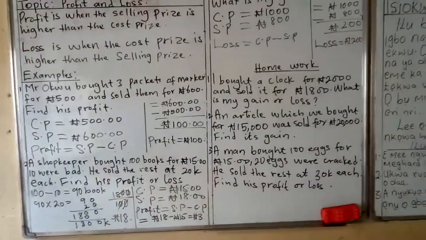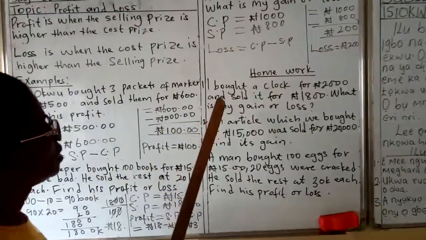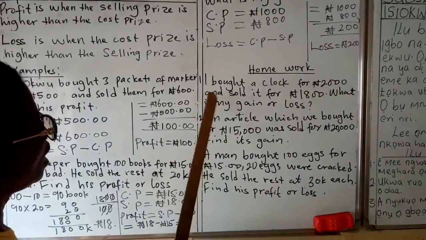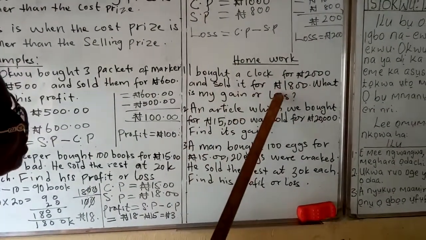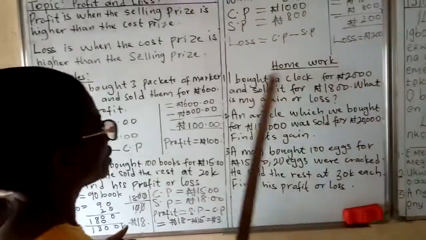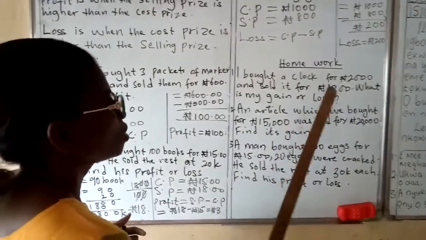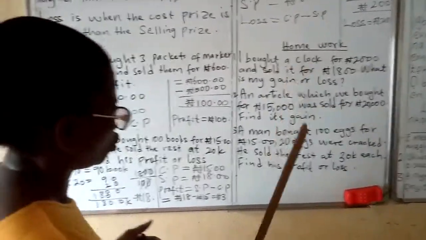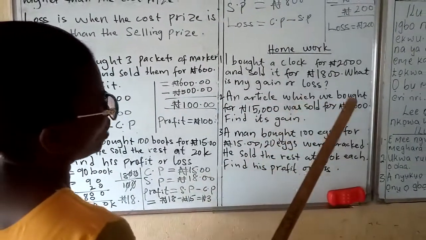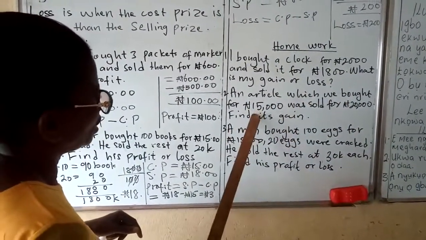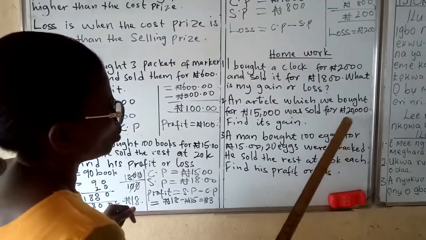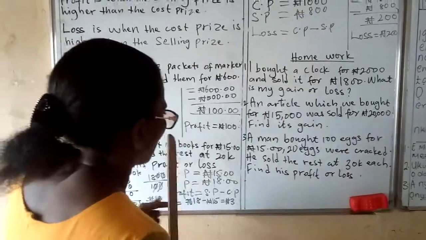Okay, let's go to our homework. Number 1, it says, I bought a clock for 2,000 naira and sold it for 1,800 naira. What is my gain or loss? Good. Number 2, an article which we bought for 15,000 naira was sold for 20,000 naira.